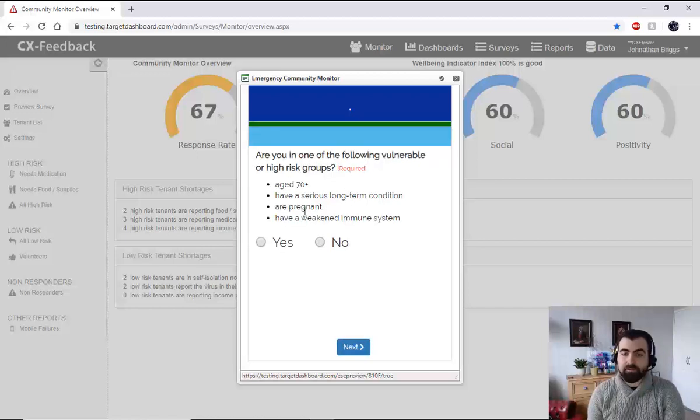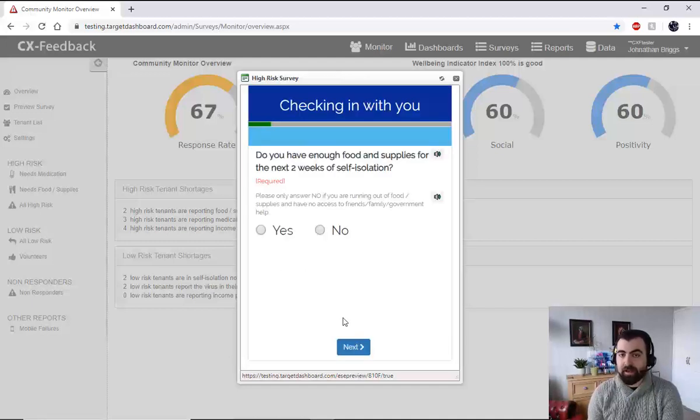We will be updating these as the government updates their recommendations on what constitutes a high-risk group. But for now, these are what the government is suggesting constitutes someone who is high risk. The tenant will tick yes or no, big bold letters, and then when they click next, that will have logged them within the system as whatever they've selected.